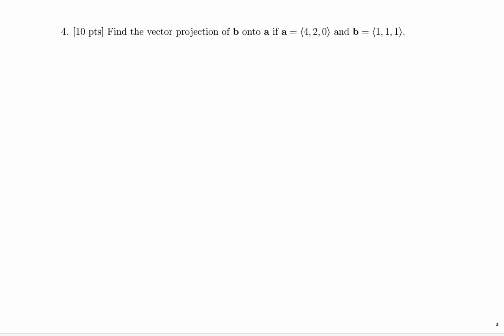Find the vector projection of B onto A if A is given and B is given. Okay, how do we find the vector projection?